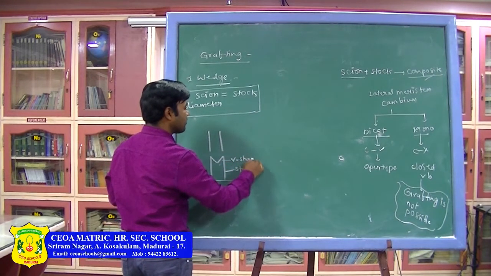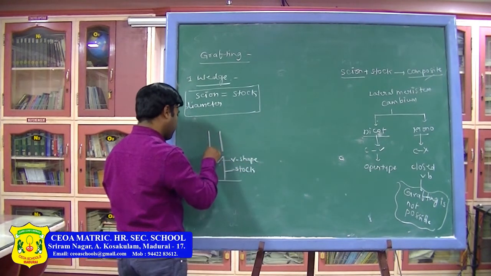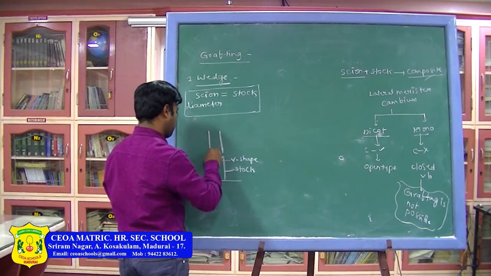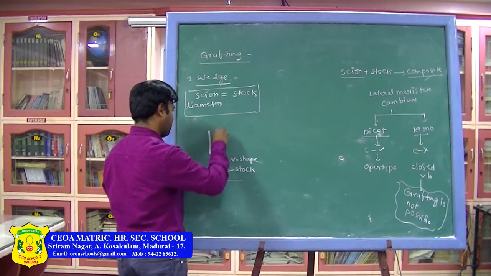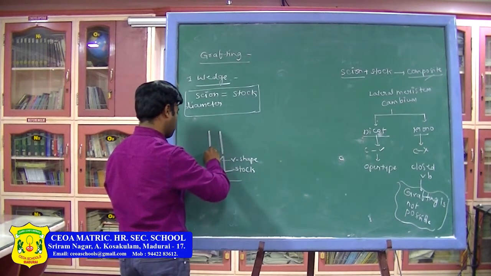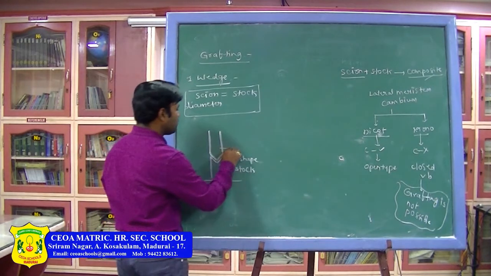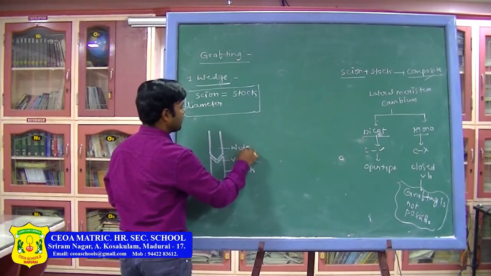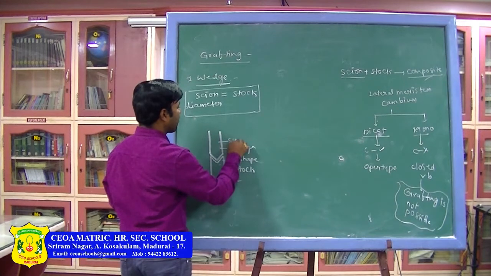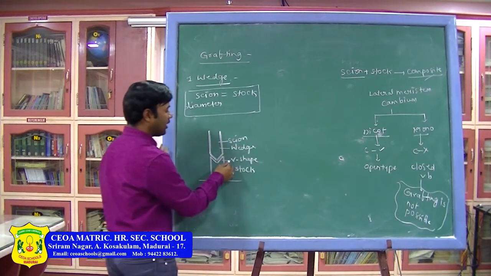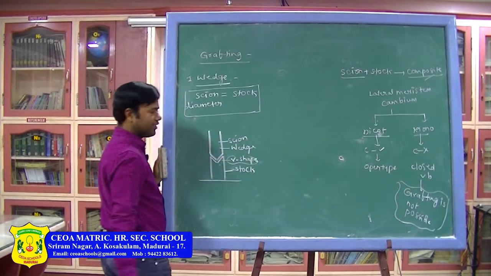V-shape cut. Okay, next, now this is the wedge. This is the scion, wedge shape. It is a V shape, it is a wedge shape.